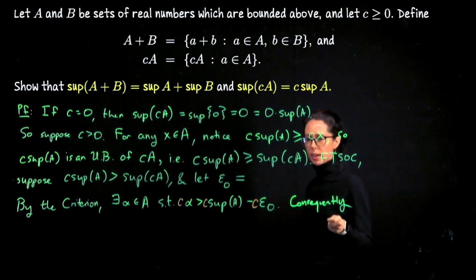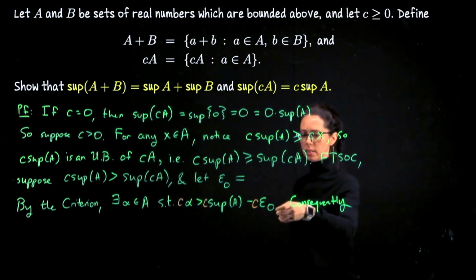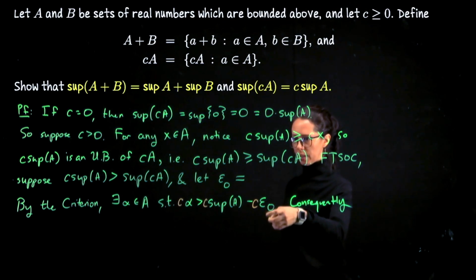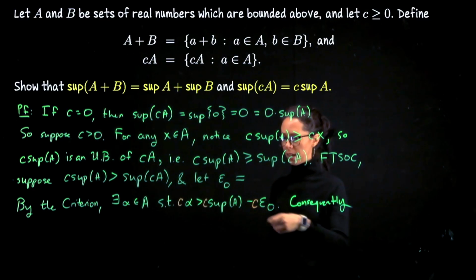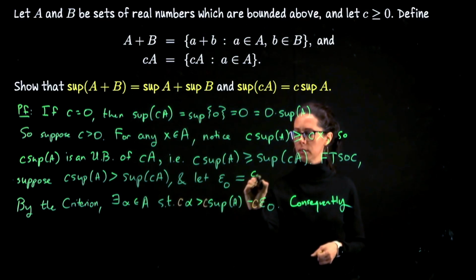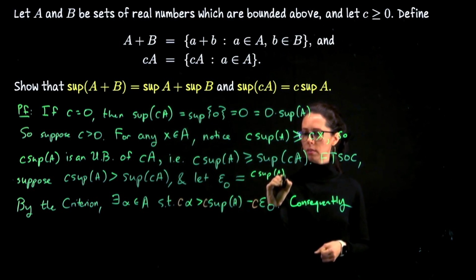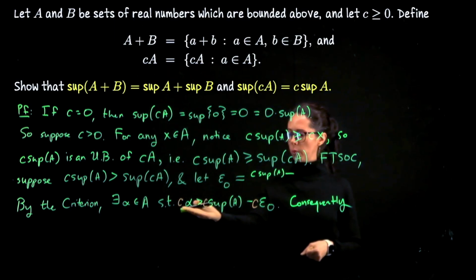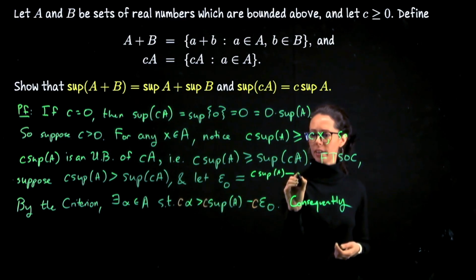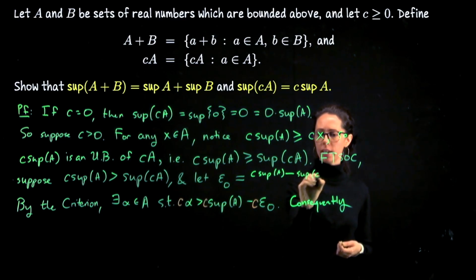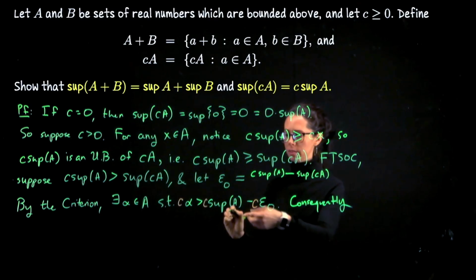I think what I should do is actually go ahead and see if I can write down epsilon now. So if I solve for epsilon naught here, I would have C sup A minus, what do I want to bring over? Well, C alpha, but that alpha is really specific. I think what I want to have here is going to be sup of CA. So I'm working this out on the spot and then divide by C.